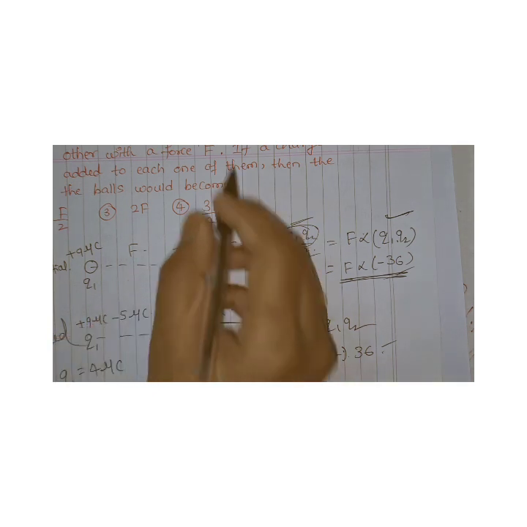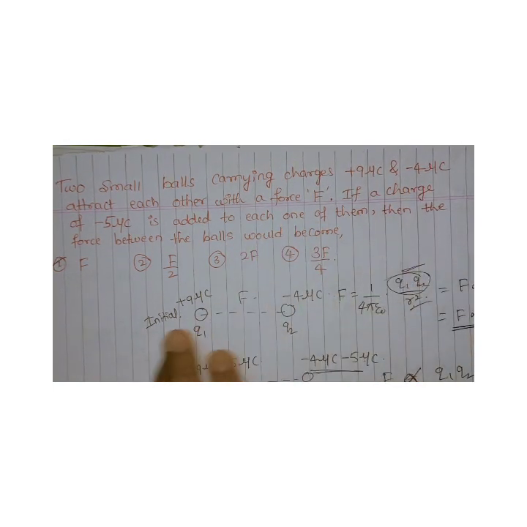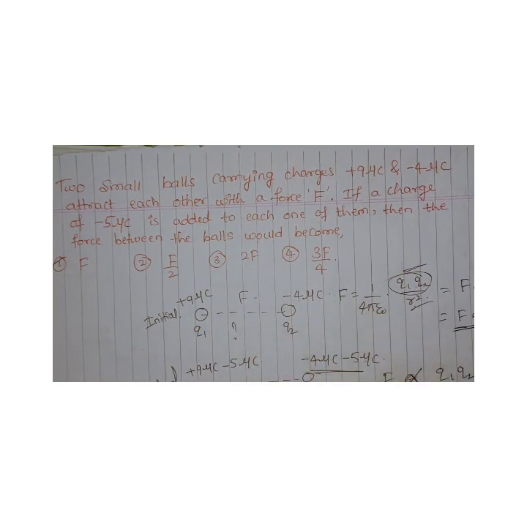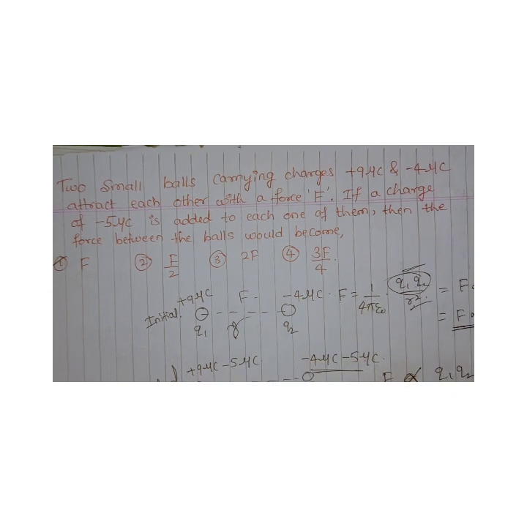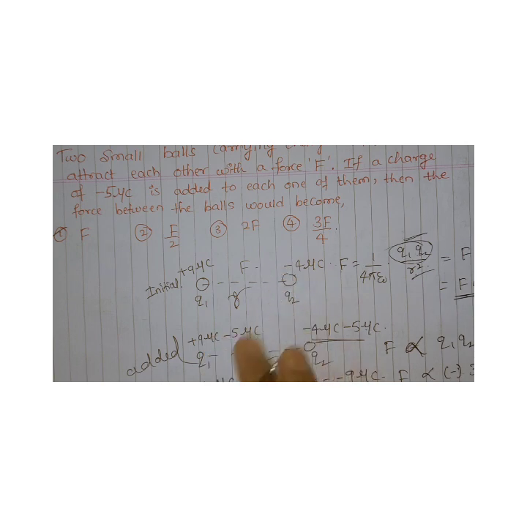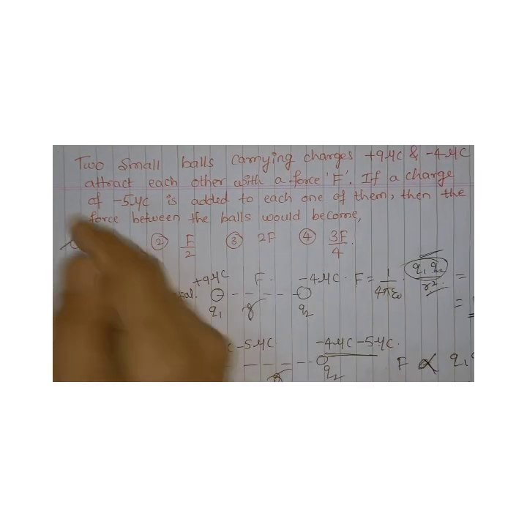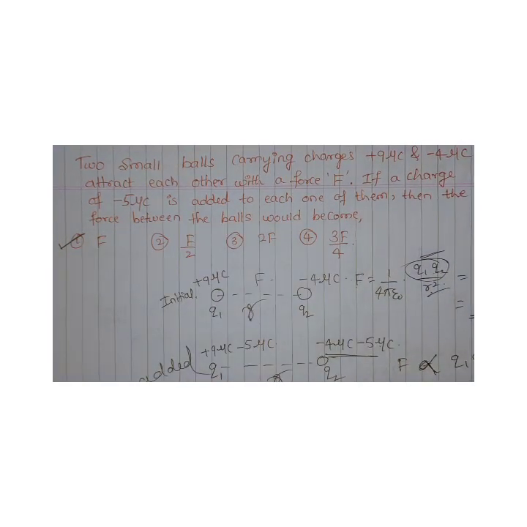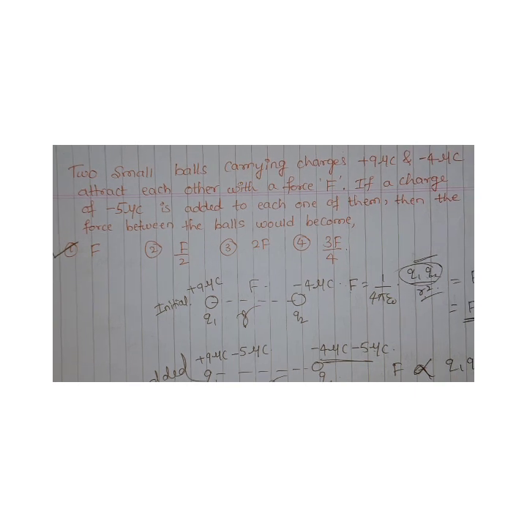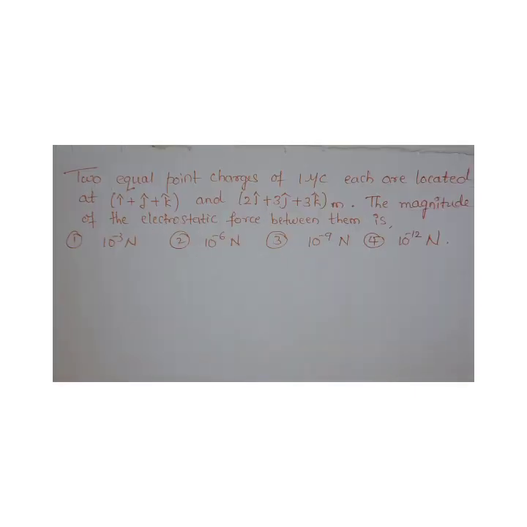That is what Coulomb's law says. Here r is fixed. Nowhere have they said r is changing. Whatever r is there, it is fixed. So r is not changing. Hence we feel that the force is the same. So the right answer would be here, F. Okay, I hope you understood this.